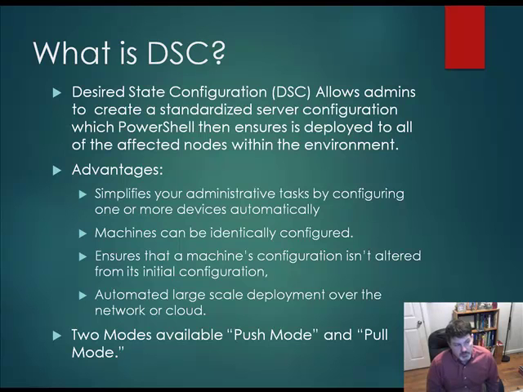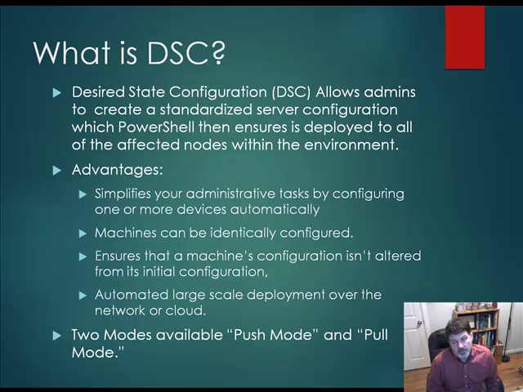The other option is the pull mode option, and pull mode is pretty much just the opposite of push mode. Instead of me pushing out or using a device to initiate the push out of configuration changes, it is up to the devices on the network to contact the server in question using the DSC deployment methods to ask if there are any new configuration changes that it should adopt.